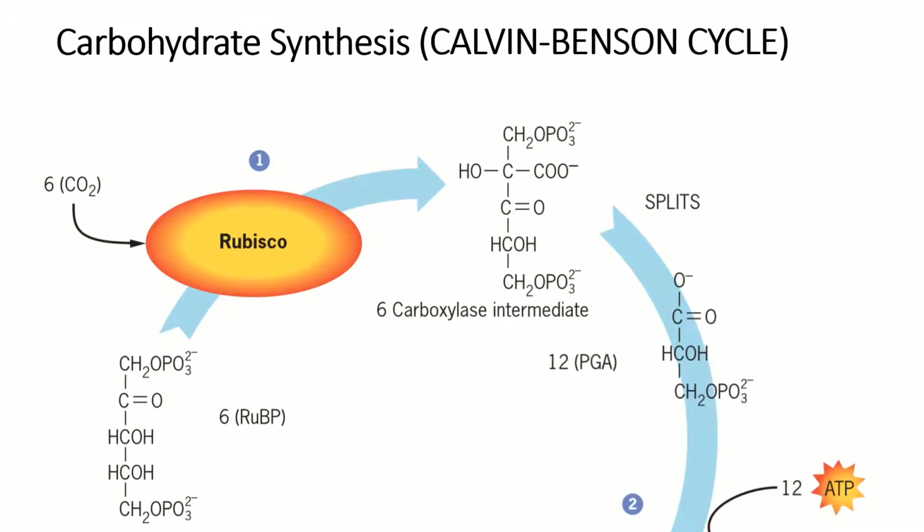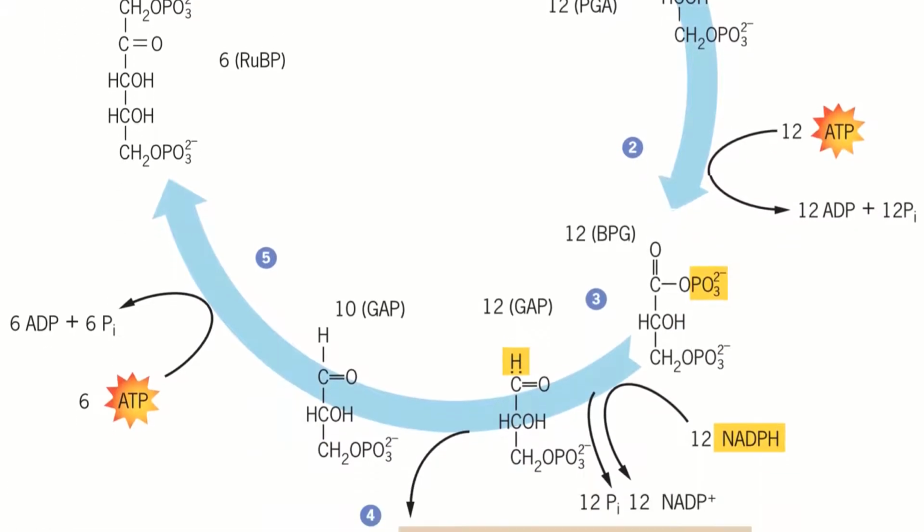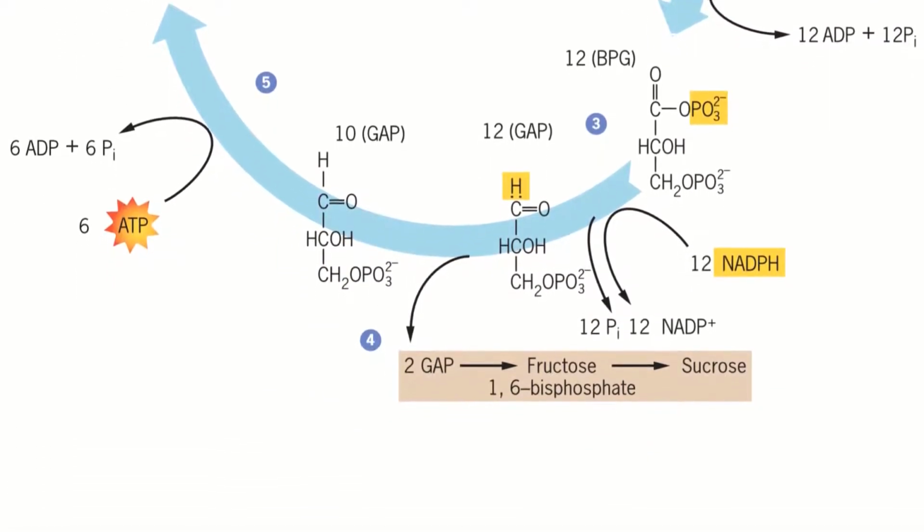Now, these 12 phosphoglycerates are then phosphorylated using the ATP produced from the light reactions. And once they are phosphorylated, they now have two phosphate groups, as you can see here. So they are now known as biphosphoglycerates.